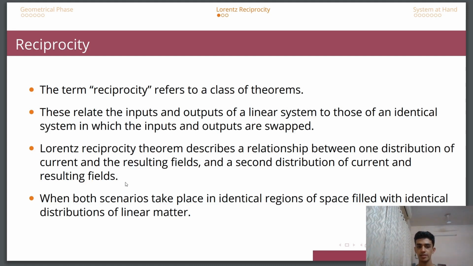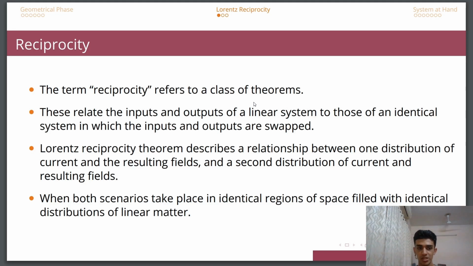And as we'll see, the breaking of reciprocity is what has become very useful in recent years. Some caveat here: both scenarios take place in identical regions of space. A key point to notice is the linear matter. Linear matter is an important thing because we'll be breaking it by some nonlinear system.